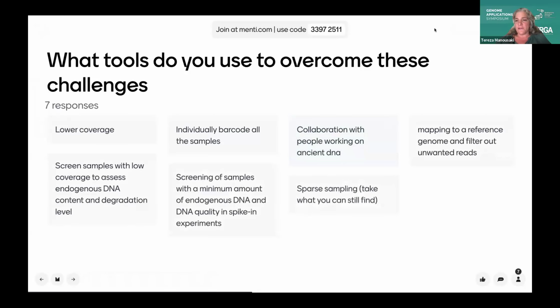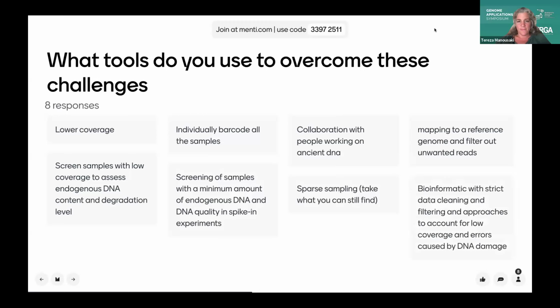I guess for contamination. Good bioinformatics. Pre-screening and running pilot sequencing tests.